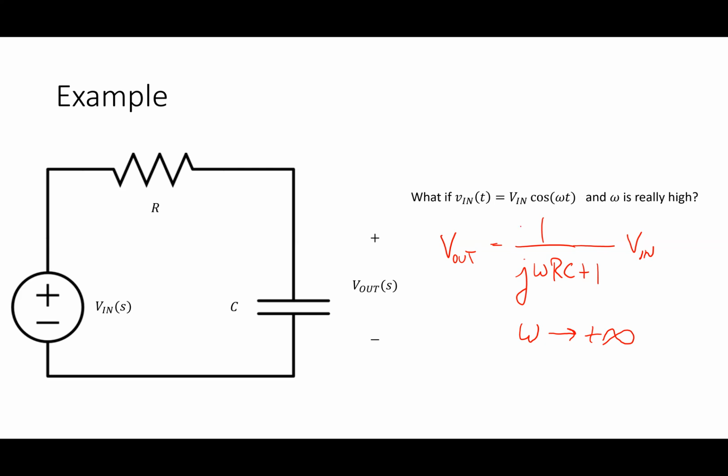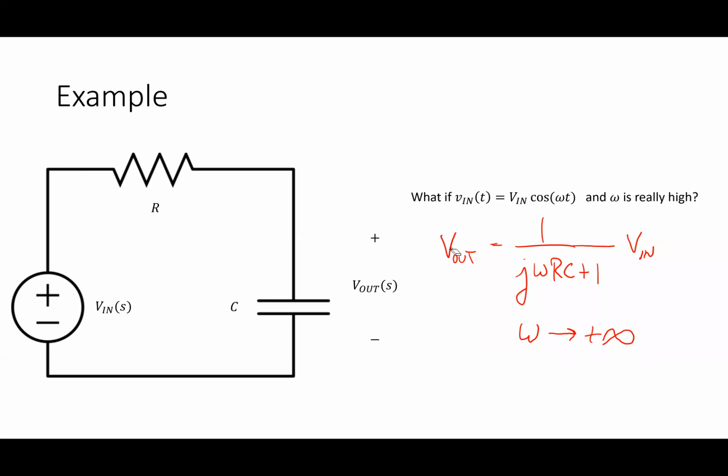If omega went to infinity in this transfer function, I would have 1 over what? A really small number or really big number? Well, 1 over a really big number is a very small number. So I have basically V out equals 0 times V in. So V out approaches 0.